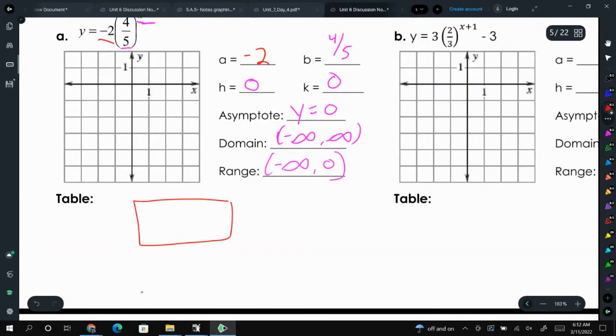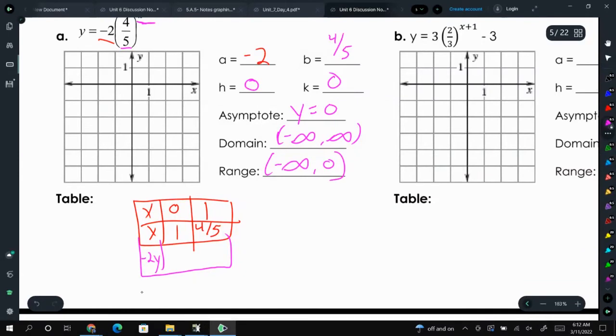So we graph x, y, then we have 0, 1, and then 1, our base, which is 4/5. And then we're going to do that second row and multiply everything by -2.